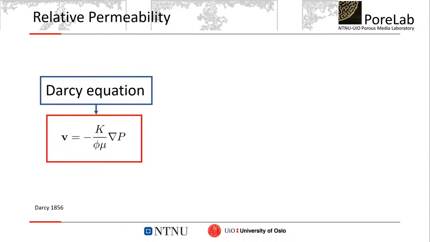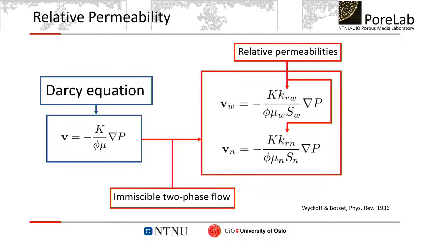The porosity you put here just to get this to be the average velocity in the pores. It's just something that has to do with time scale. And this is the viscosity of the liquid you're sending in. So this wonderful thing is that this K over phi, that's the porous medium, and here's the liquid, that's this thing here, and that is the entire mobility. So pressure drop gives a velocity in that direction.